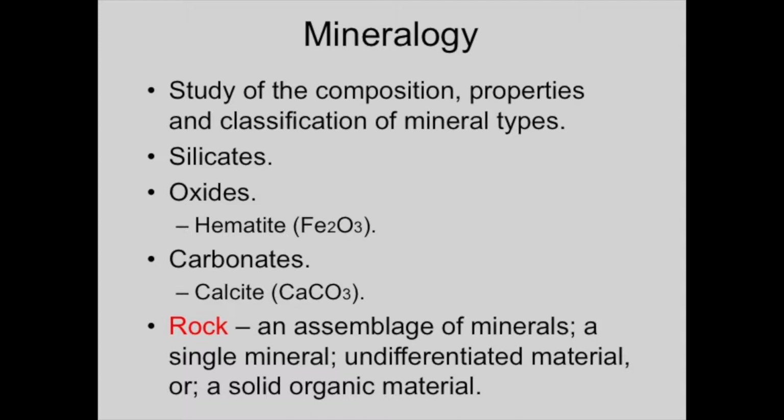The reason for this is because, as I said before, silicon and oxygen are very, very common in terms of the elements within the lithosphere. Also, silicon and oxygen, by their nature, chemically love to combine with one another and with other elements and compounds.